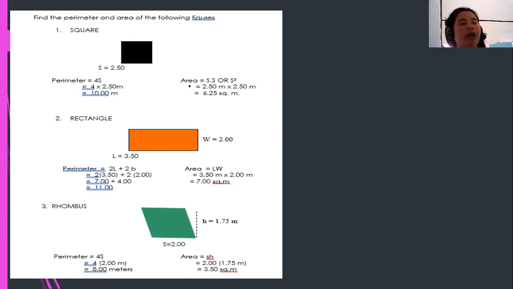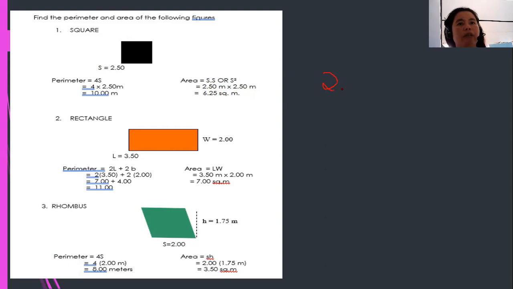For the area, s times s or s squared, wherein s is 2.50 meters times 2.50 meters. The equivalent is 6.25 square meters.